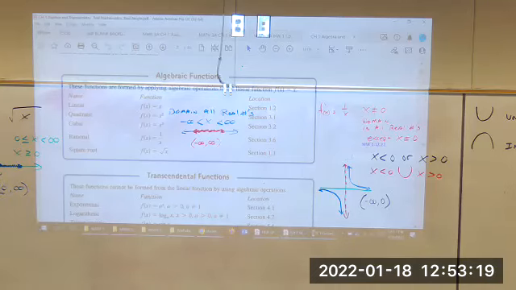Over here, you can plug 0 into a square root. So because you can equal 0, that's a bracket. When you can equal, it's a bracket. When you can't, it's a parenthesis.